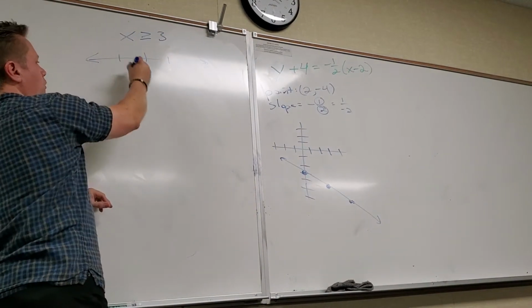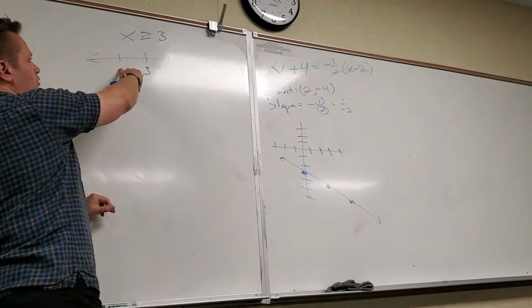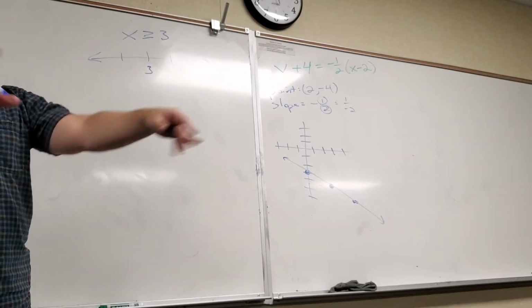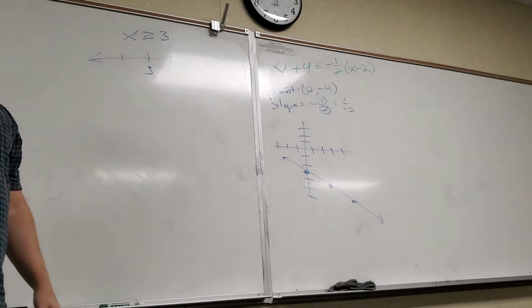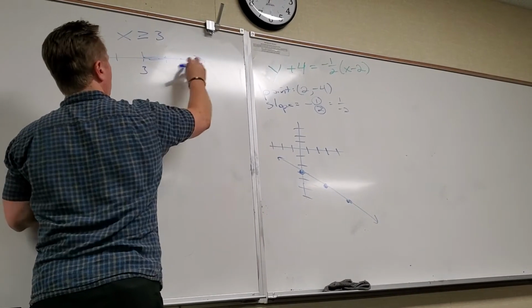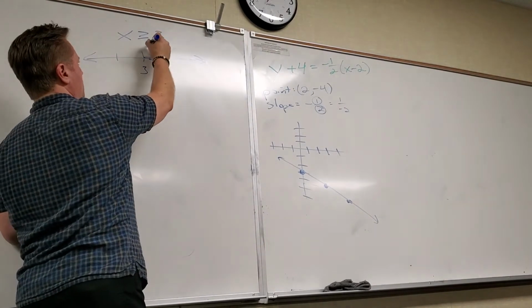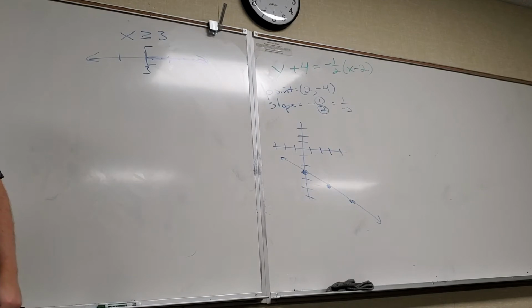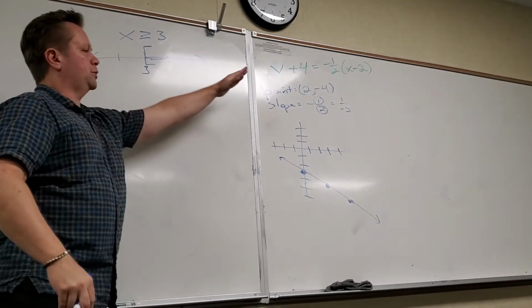Yeah. Does 2 work? No. I know one side of 3 is all answers and the other side is no answers. So I'm going to shade this way because that way worked. And then the symbol I'm going to use is that one. I don't know if you guys remember. You got the Kamehameha.